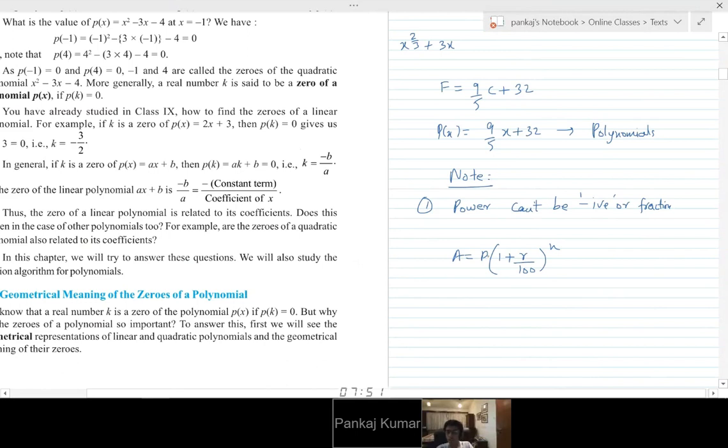So now we have, suppose a is equal to 10,000 rupees, and it was for 3 years. So now r is the rate of interest, the variable here. So this is also a polynomial. So we can't write p of x, but we should write what? P of r. Because the variable is r.